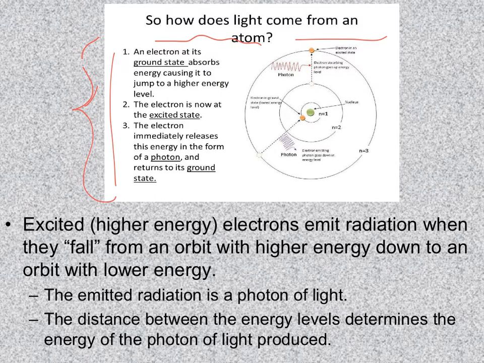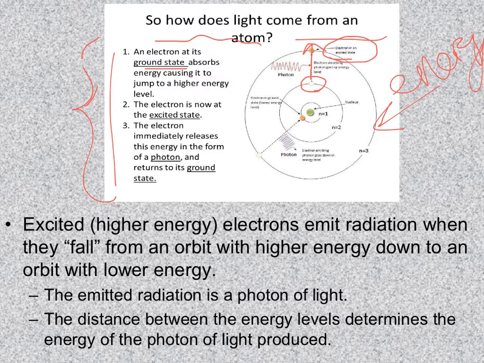So step 1 says you have an electron in its lowest energy level, which we call the ground state. And if you give energy to an atom, it can either be light energy, heat energy, sometimes even mechanical energy. An electron can temporarily jump up to a higher energy level. It's not going to stay there because it's unstable. We call it, at this point, an excited state.